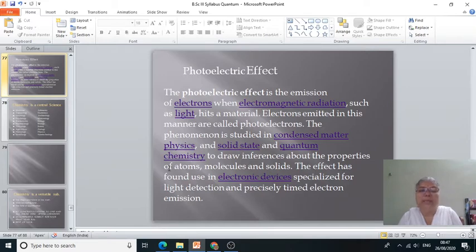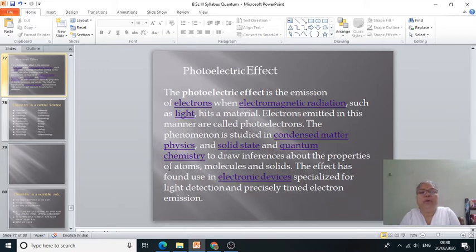This frequency is known as the threshold frequency. Light with a lower frequency than this cannot eject an electron even when high intensity of light is used. The value of phi is different for different metals.